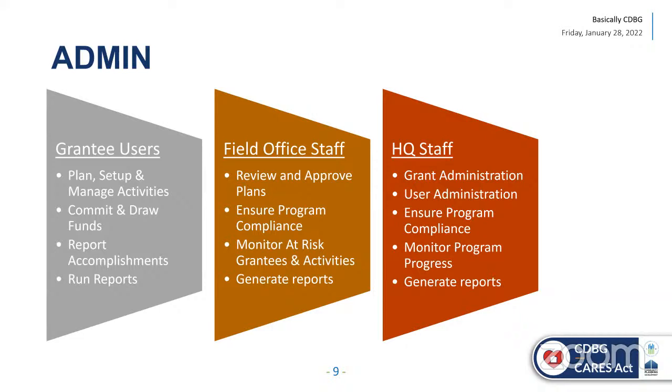And then they use IDIS to monitor activities. Headquarters users, the majority of the users, only have view rights. However, the grant information is uploaded from headquarters. And also, if you want to request IDIS access, the user will submit an application to headquarters.